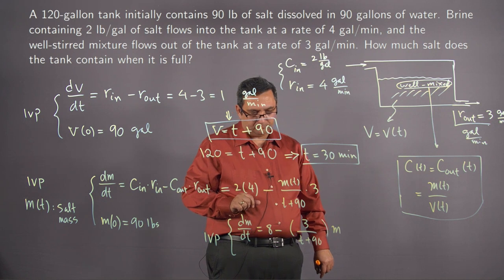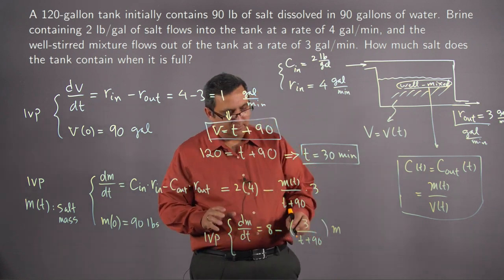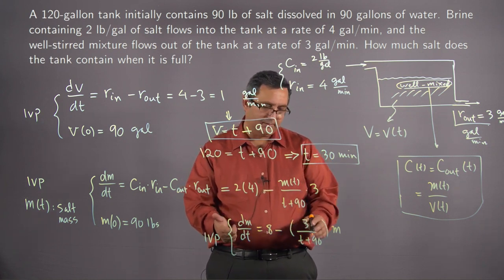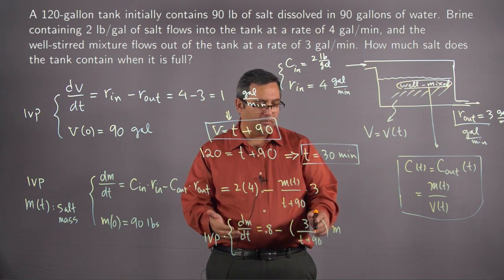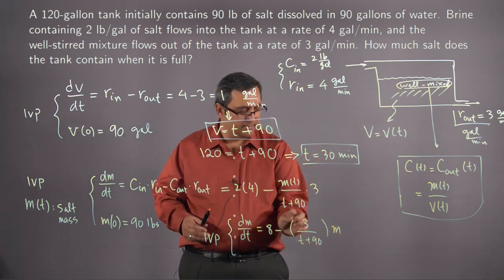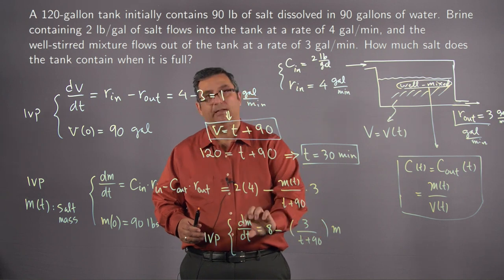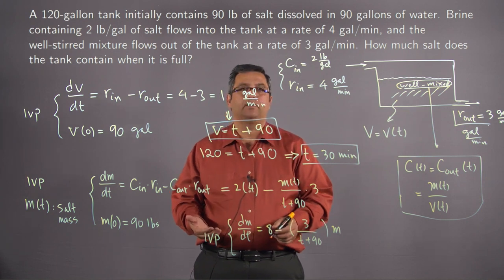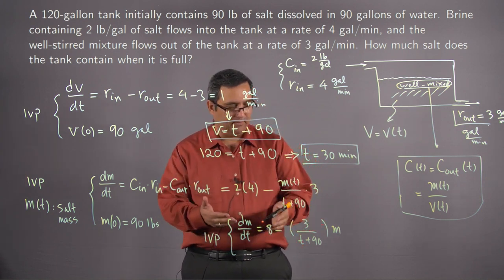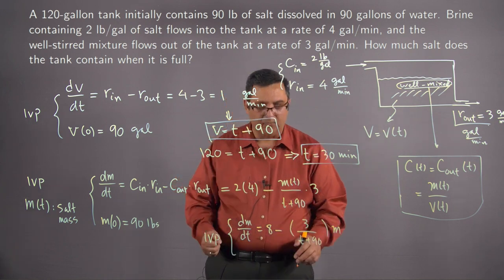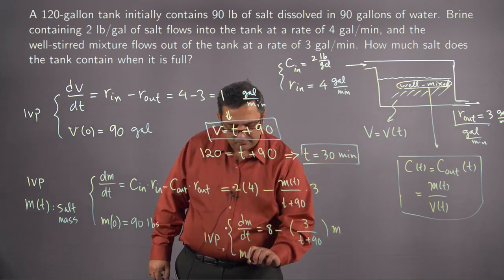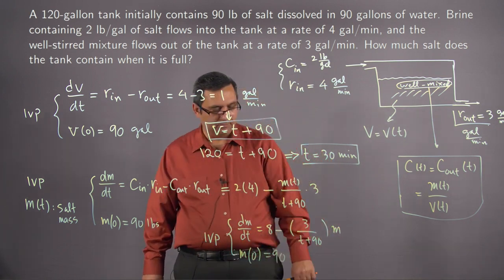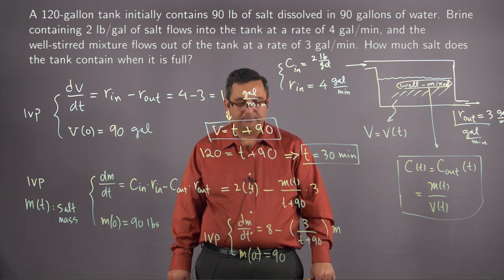If we look more closely, we can realize that this is really nothing but a first order linear equation in standard form, provided that this combination gets moved over to the left side. So we can apply the method of integrating factor for solving a linear first order equation. And m of 0 is 90. So now we need to solve this initial value problem.